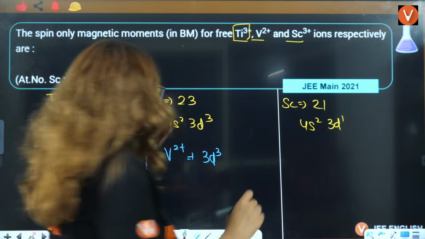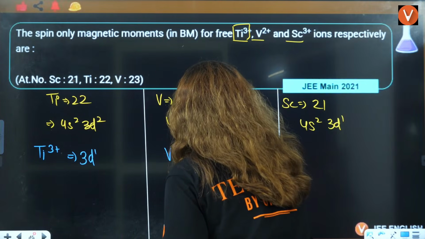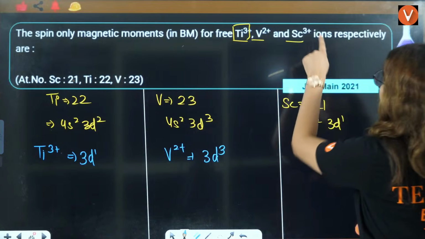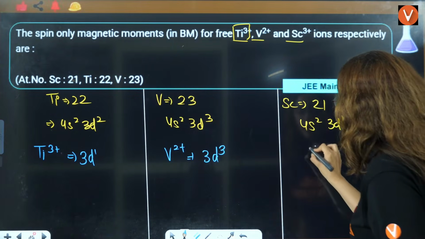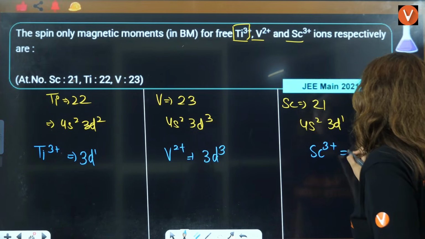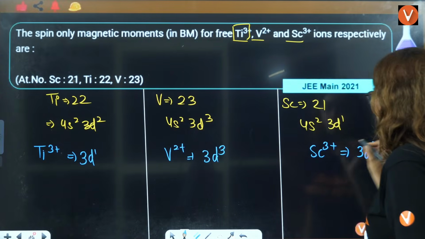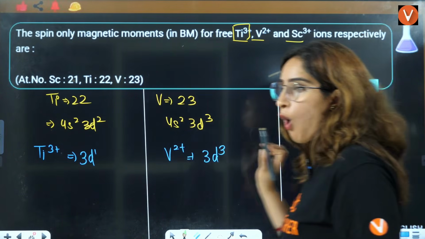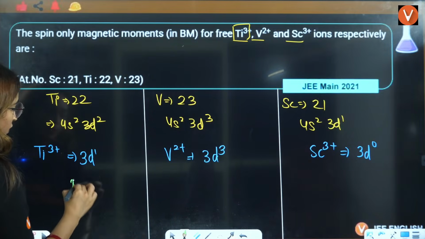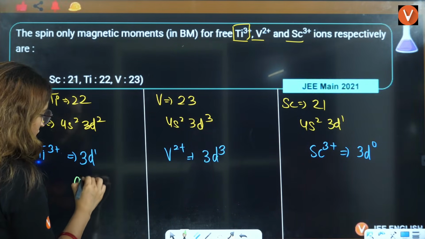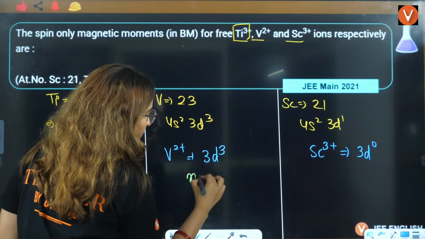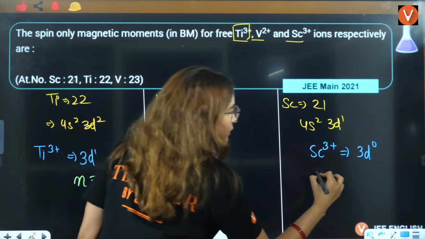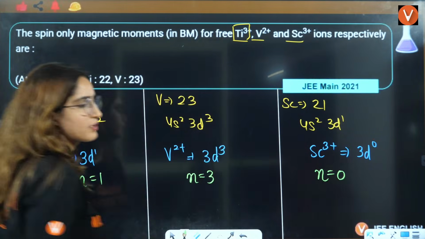You take out how many electrons here? Scandium, you take out 3 electrons, 1, 2, 3. So scandium 3 positive is 3d0. Can you see, number of unpaired electrons here is 1, here is 1, here is 3, here is 0, right?